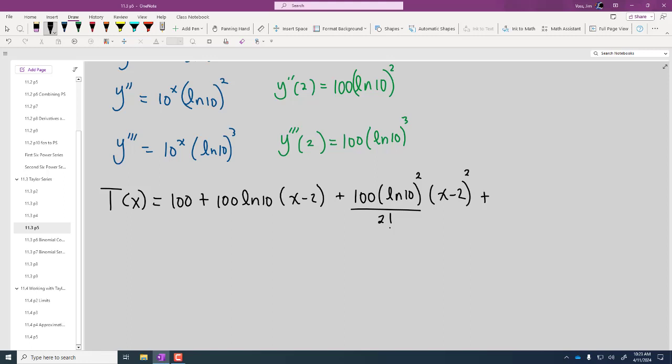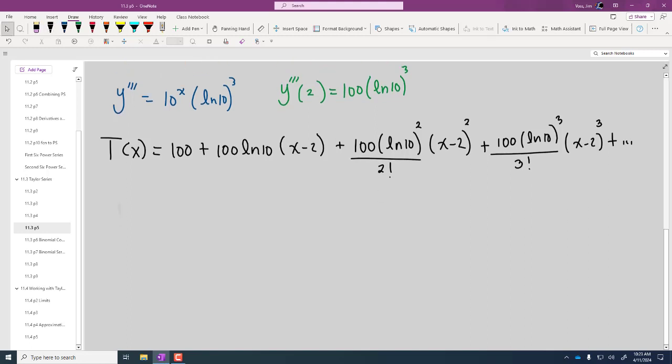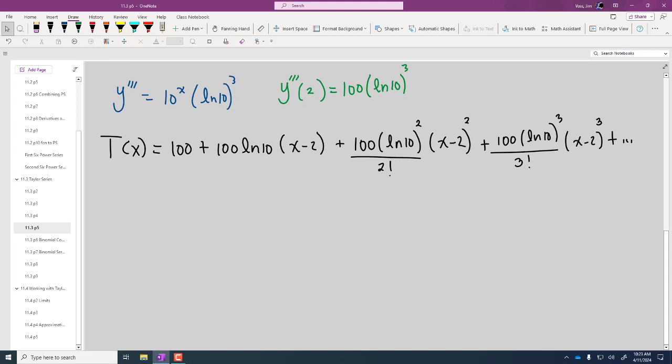And then the last constant, 100 natural log of 10 cubed divided by 3 factorial x minus 2 cubed plus dot dot dot. Yeah, not too bad. Seems easy enough. Feels like it's got a nice discernible pattern.